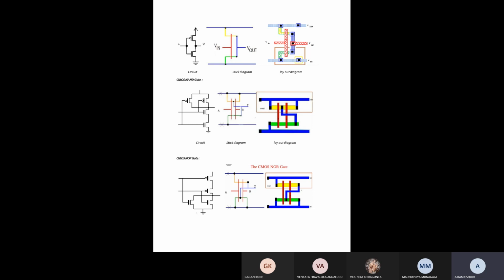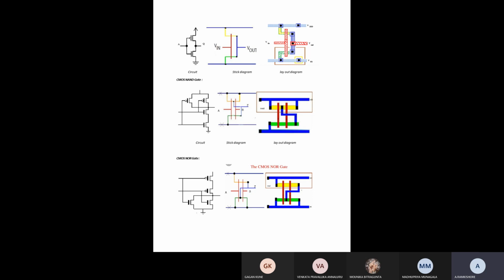For this also we require two PMOS transistors and two NMOS transistors, but here it will be reversed. The PMOS transistors will be connected in series and the N-type transistors in parallel, because we already know the basic CMOS design rules, the relation between one variable and another, and how to connect series and parallel relations.